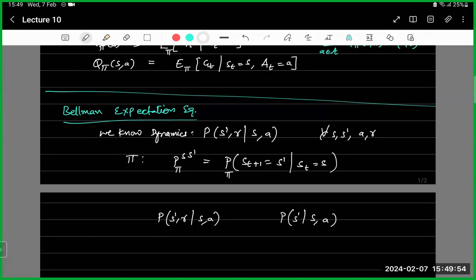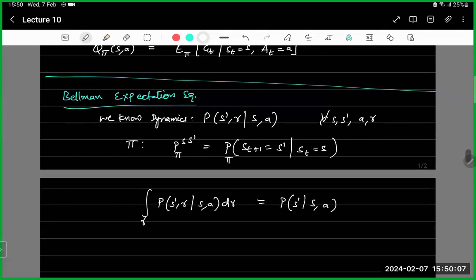How? Just integrate over R. This will give me that. Then if I know this, how can I find P pi SS dash?